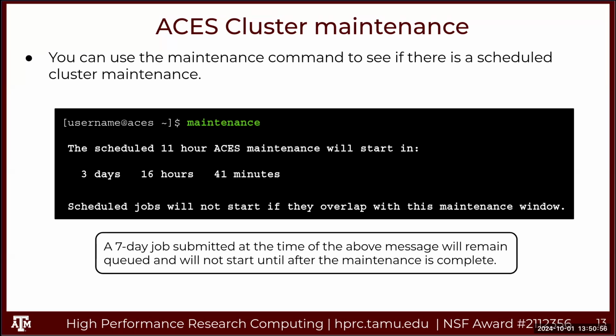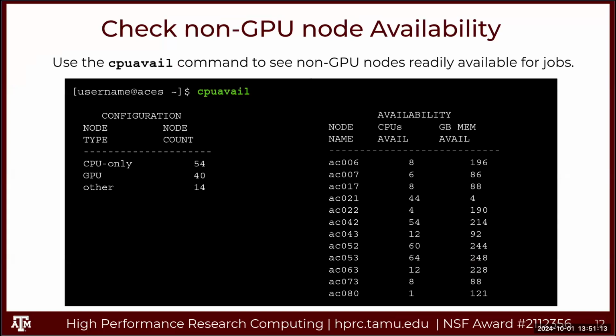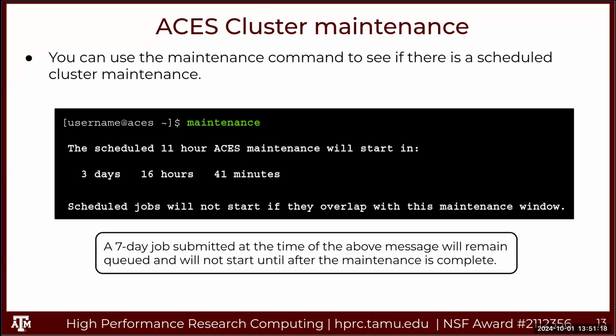But if it doesn't launch and the maintenance time goes down to 3 days, 0 hours, and you have 3 days, 15 hours, your job is still going to wait till after the maintenance. So you may have to submit a couple of times, or also see what nodes are available using the CPU and GPU avail.